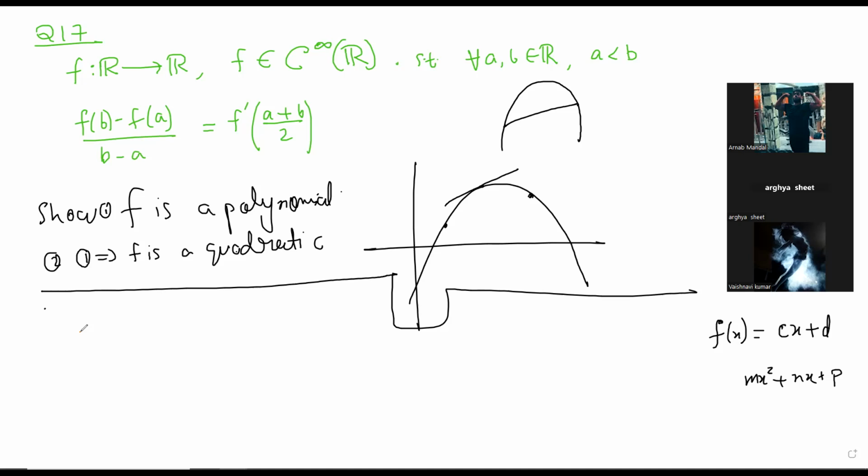Then maybe you could do something. How do you show something is a polynomial? So just think of this as a functional equation, and try to use your tricks of functional equations. Show that it's a polynomial.